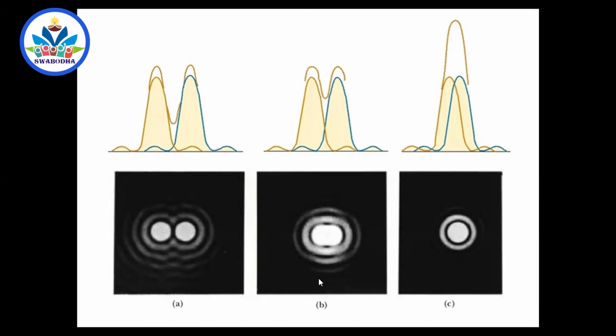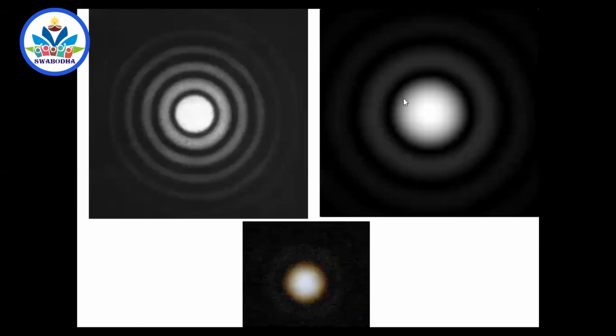Now, when the car is very far away, you don't see two headlights. Two headlights appear to be merged together. Why is it so? Because light coming from each headlight will enter your eyes, and each headlight will produce its own diffraction pattern. For example, one headlight will form the brightest image, the next brighter image, and the next.